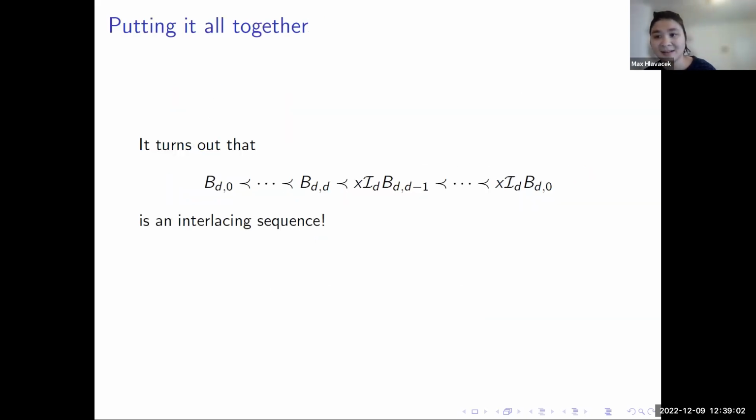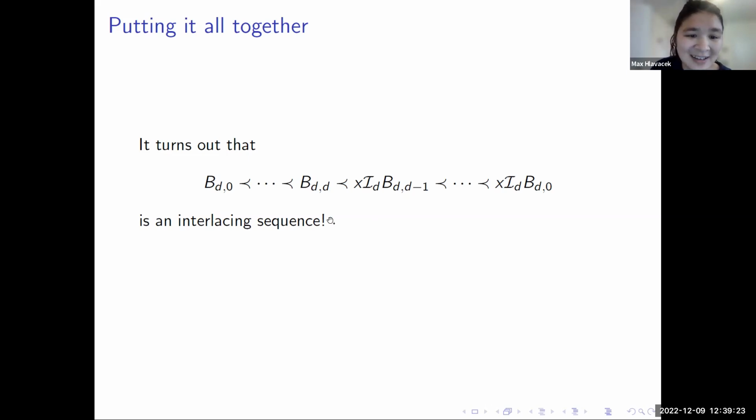So putting this all together, it turns out that these type B J Eulerian polynomials, and also the edited versions of them where you reverse the coefficients and multiply by x, form an interlacing sequence.